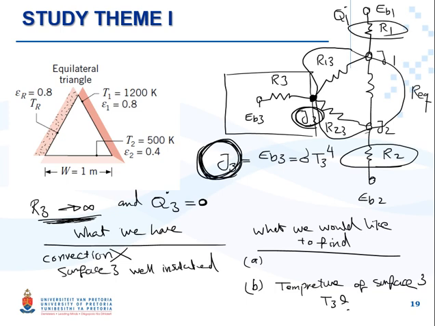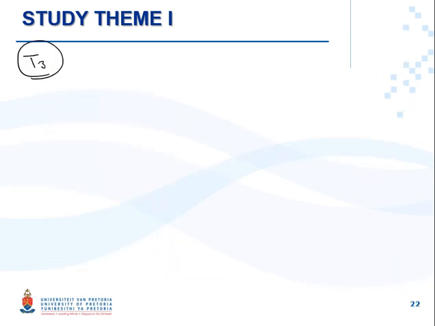In order to find G3, we need to find G1 and G2. So it looks a little bit easy, but actually it's a little bit complicated. In order to calculate T3, we need to find J3. In order to find J3, we need to find J1 and J2. Okay, let's start from the beginning.